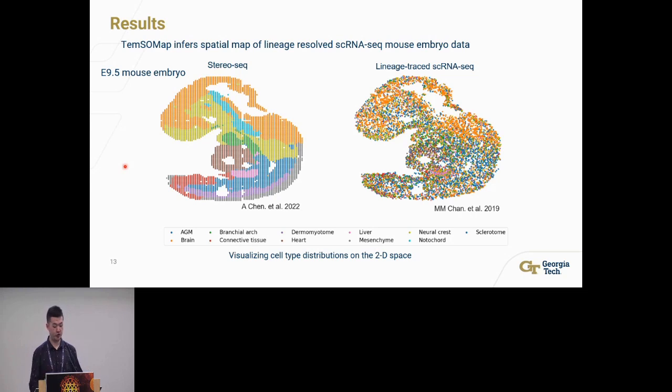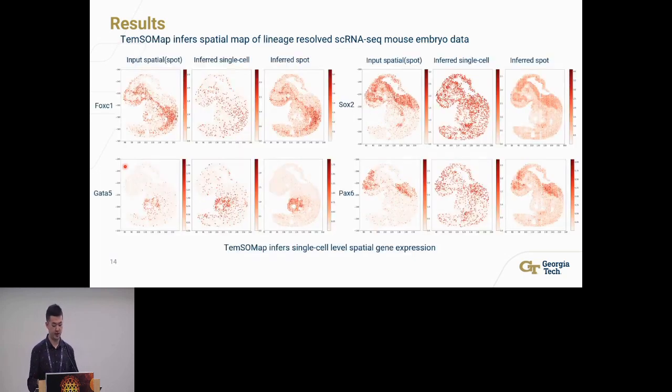If we take a deeper look at specific marker genes that might correspond to different spatial activities, for example, this PAX6 here has been associated with eye development and neuronal cells, and this GATA5 here can correspond to cardiac muscle and smooth muscle diversity. We can see from these three panels, the first column is the input spot level spatial data.